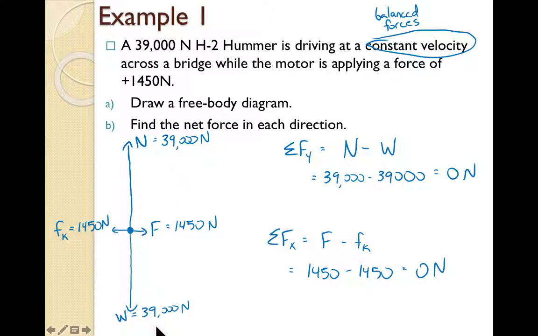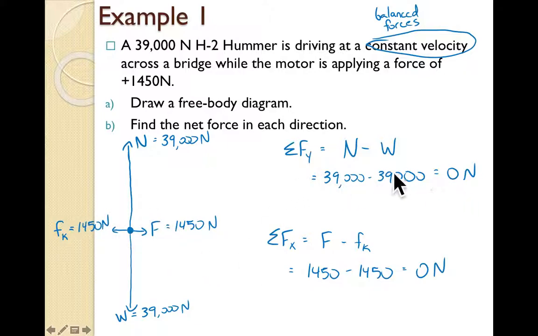So if the weight of the Hummer is 39,000 newtons, then the normal force has to be 39,000 newtons. Again, we're assuming this is a flat bridge. And if we have the motor applying this force of 1,450 newtons, then there must be a kinetic friction force in the other direction of 1,450 newtons. Otherwise, we'd have unbalanced force, and the car would accelerate.